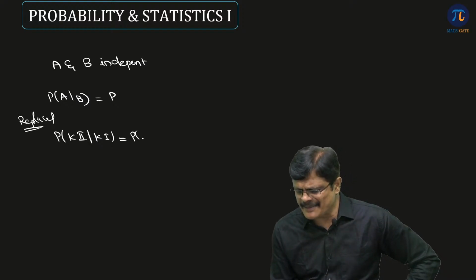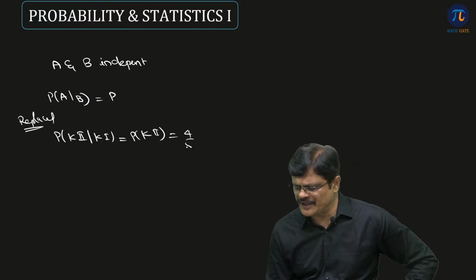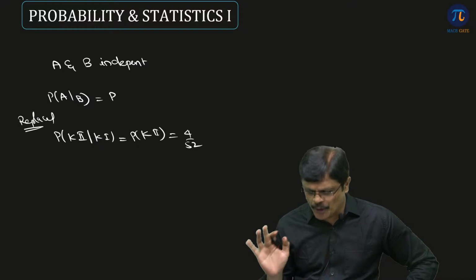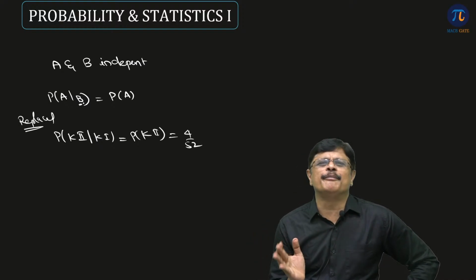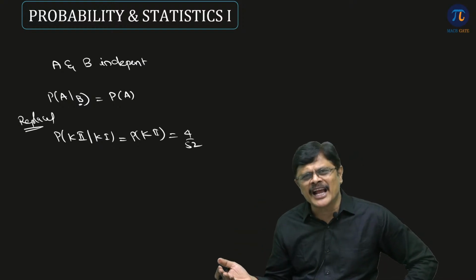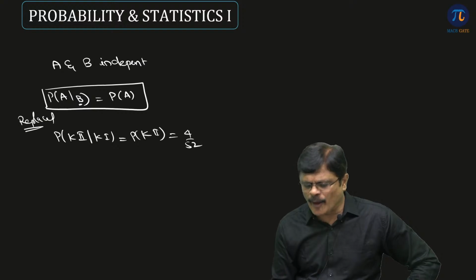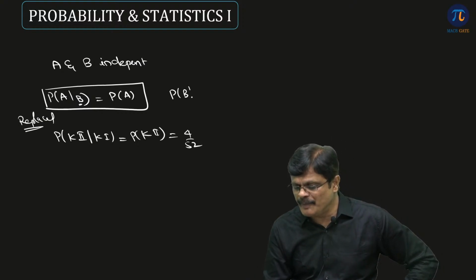This is simply the same as the probability of drawing king in the second draw, which is 4/52. Directly you can answer the question, my dear friends. Hope you understand. So here the effect of B is ignored. So the probability of A when B has already happened is the same as the probability of A. So whenever the events are independent, the probability of A given B is the same as the probability of A, and the probability of B given A is the same as the probability of B.